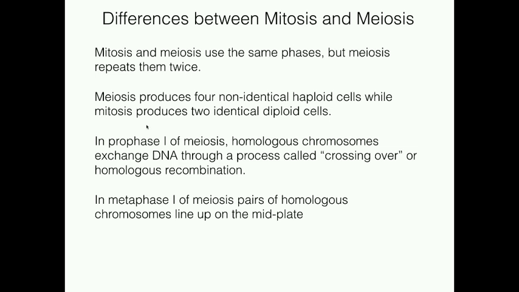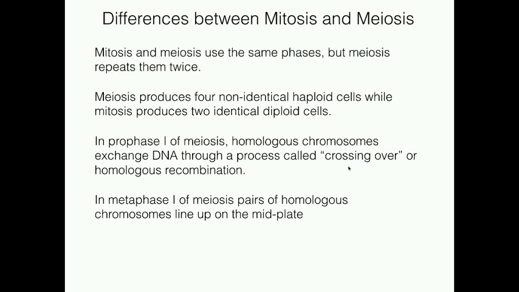And in fact, the next thing is that you don't actually get a whole chromosome from mom or a whole chromosome from dad. During the first bit of prophase, prophase 1 in meiosis, homologous chromosomes swap DNA with one another in a process that's called crossing over or homologous recombination.